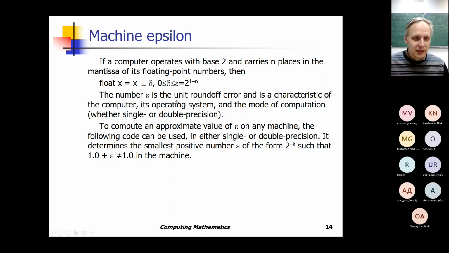The number epsilon here is called a round-off error and is a characteristic of the particular computer, of the operating system, of a mode of compilation, of a mode of computations on computer, single or double precision.